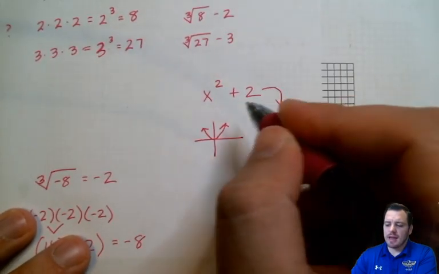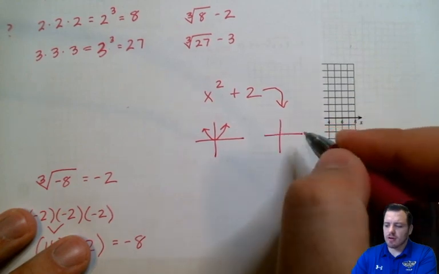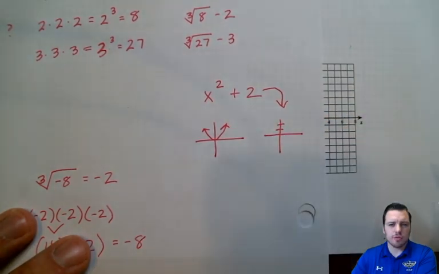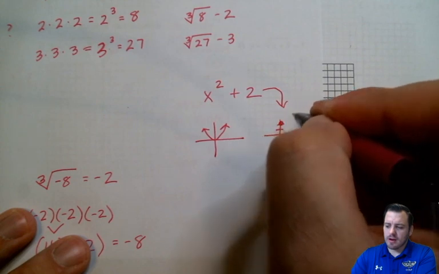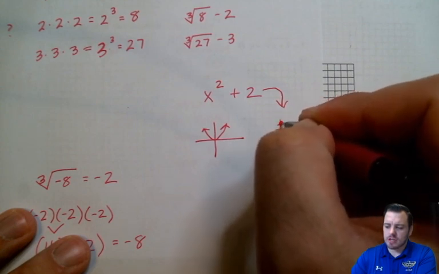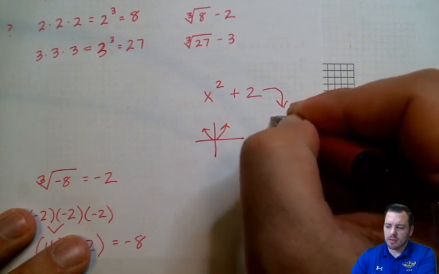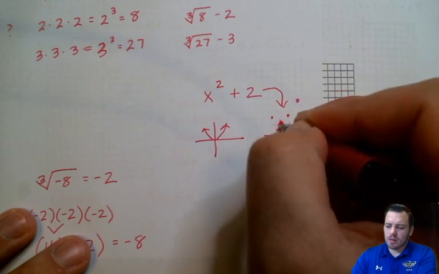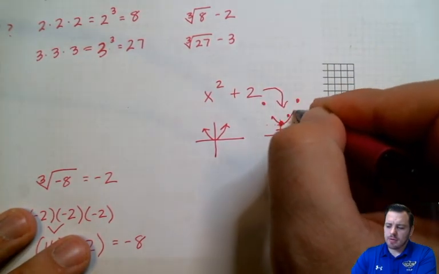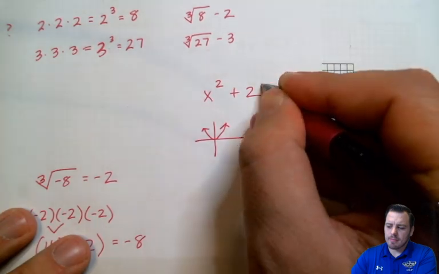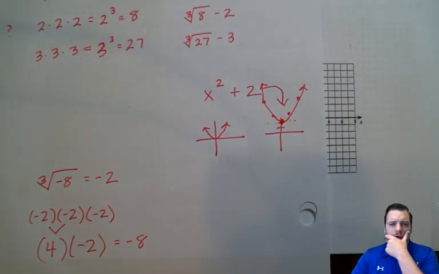But x squared plus 2 was a vertical translation up 2. So we'd put our point there, and then do our normal routine. Right 1 up 1, left 1 up 1. Right 2 up 4, left 2 up 4. And we would make our graph.